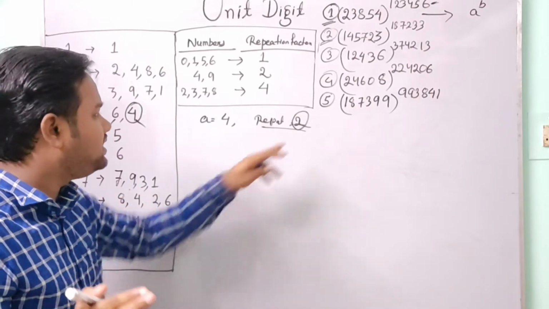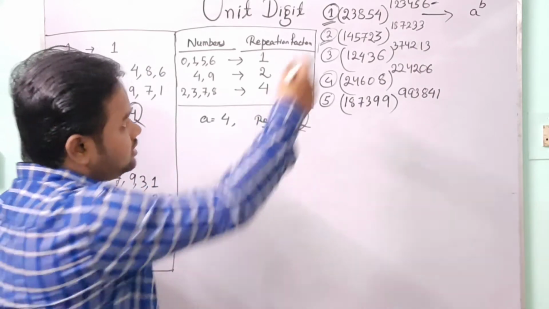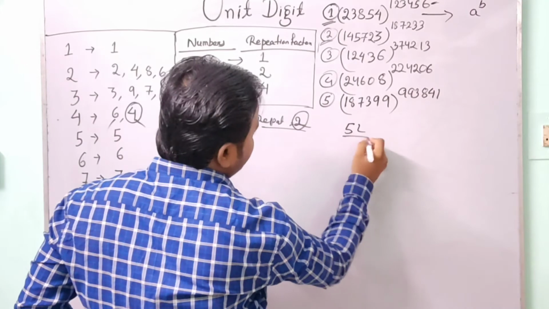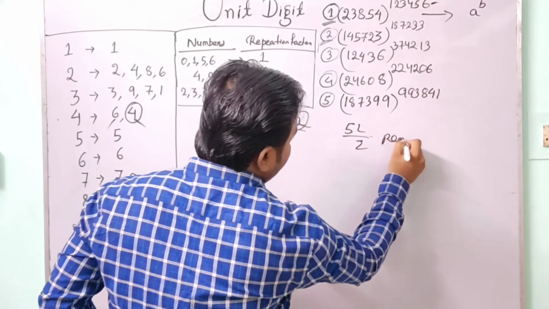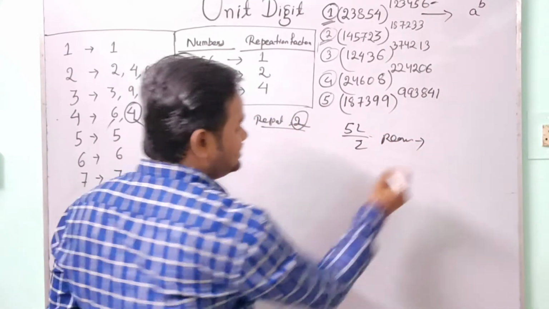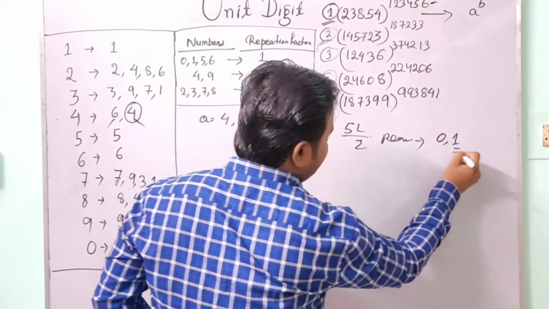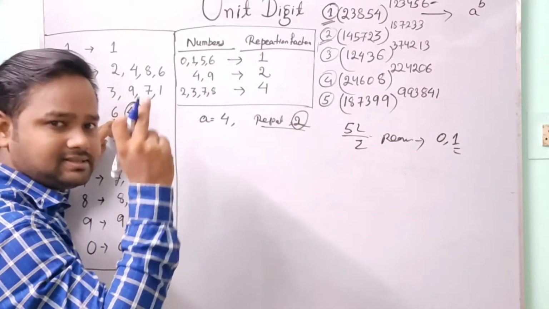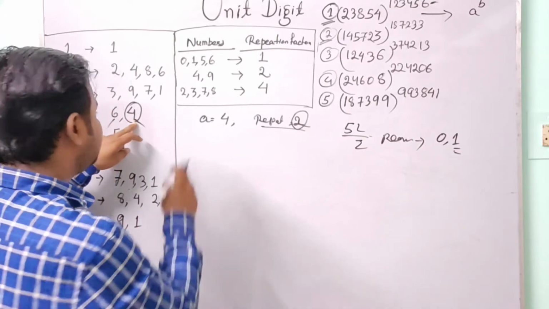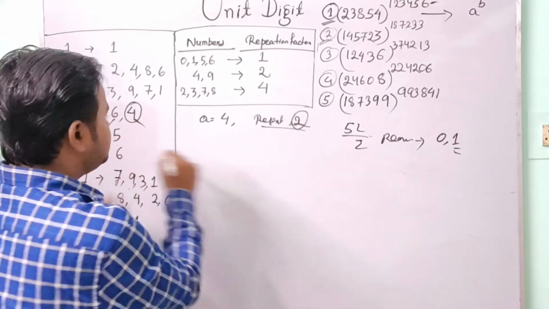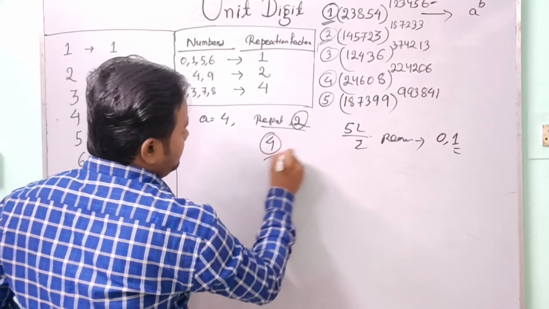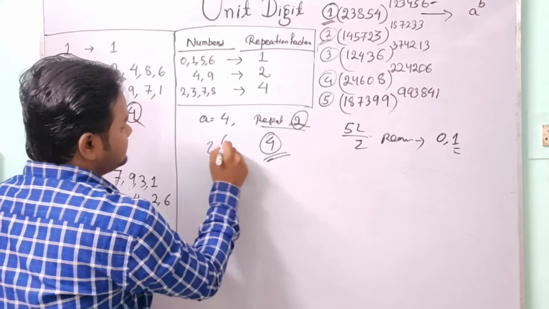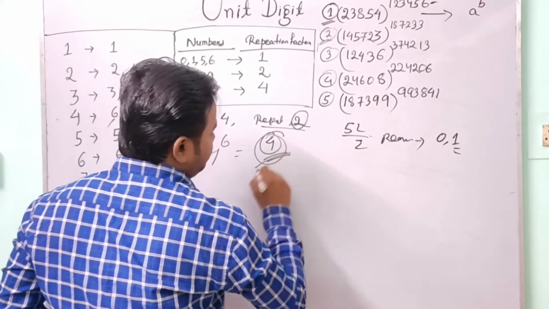When dividing 56 by 2, the remainder may be either 0 or 1. If the remainder is 1, the answer will be 6. If the remainder is 0, the answer will be 4. Since the remainder is 0, the unit digit here is 4.